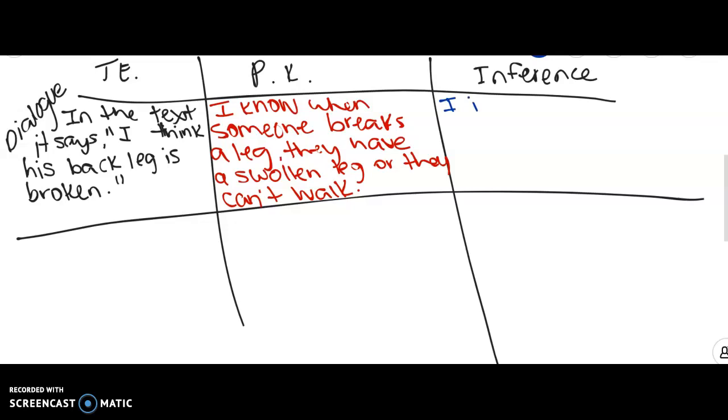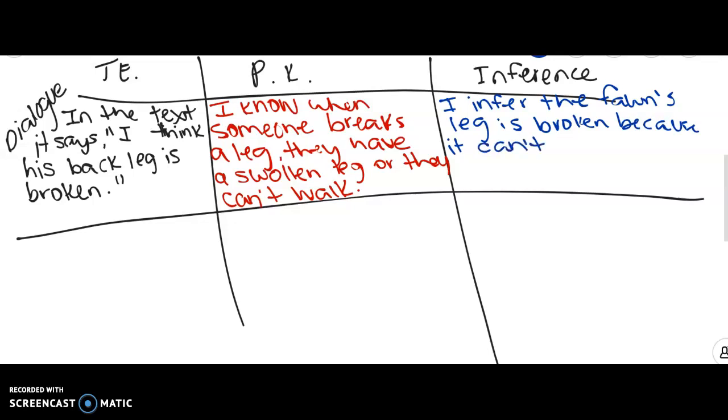So I infer the fawn's leg is broken because it can't walk and its leg is swollen. So I used what I already know to make an inference about the fawn in the story.